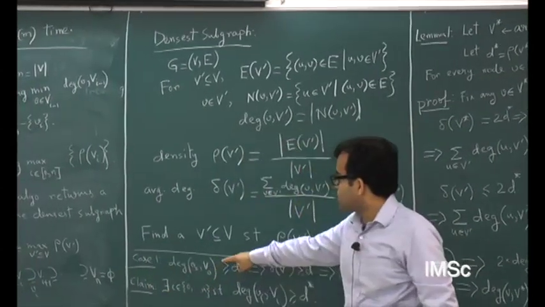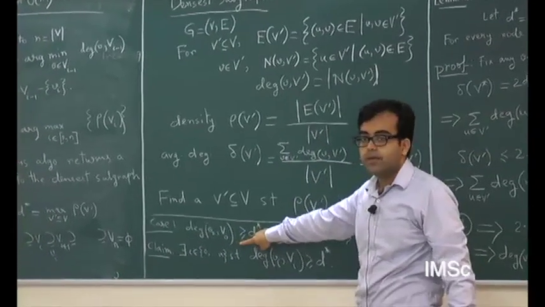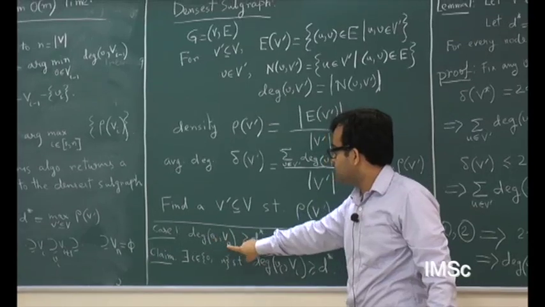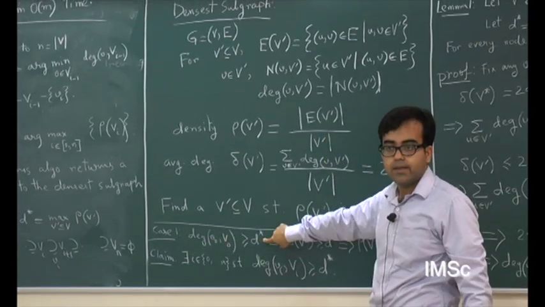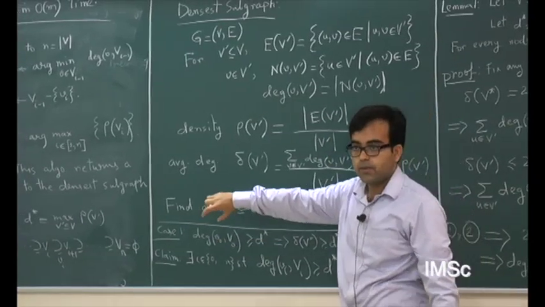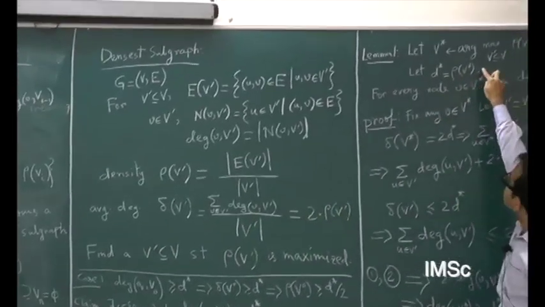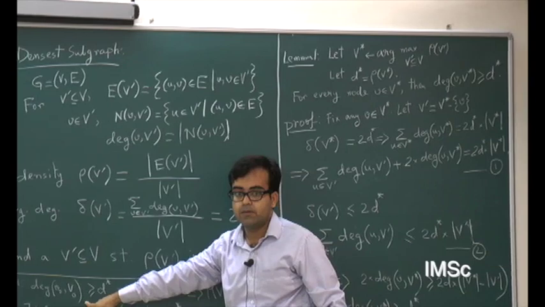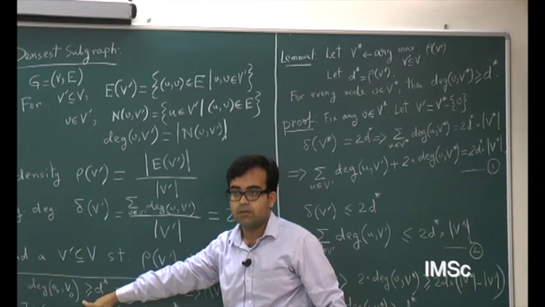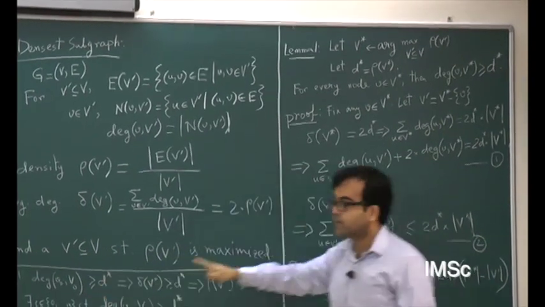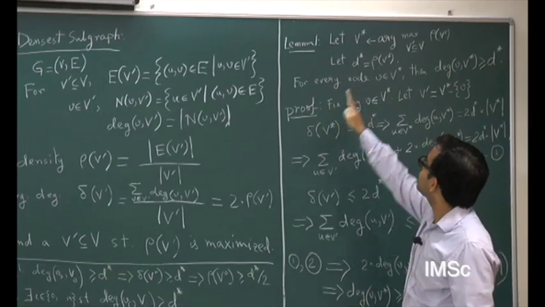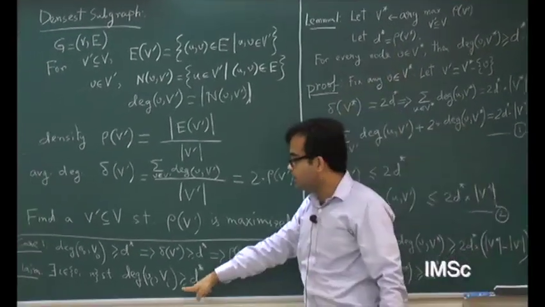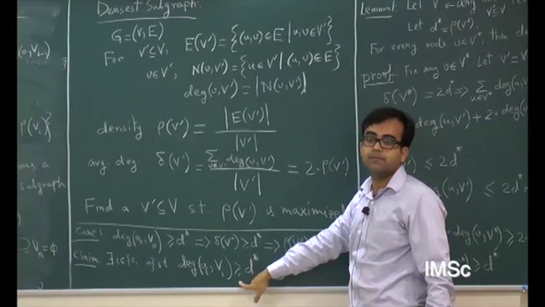So initially, suppose in case 1 you did not find this. So you found that degree of V0 here was less than D star and you removed V0. Then you can see that this entire densest subgraph is actually surviving this step, right? Because you are never going to remove any node from this densest subgraph until you reach this threshold D star.